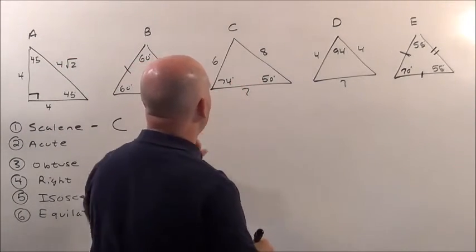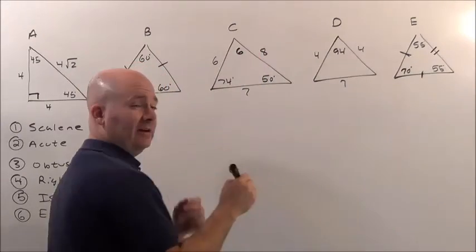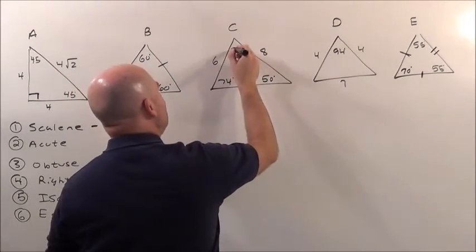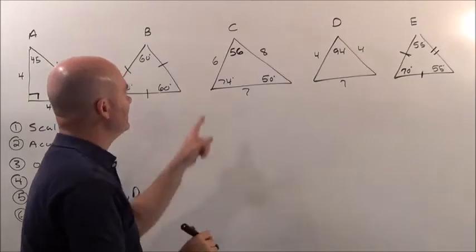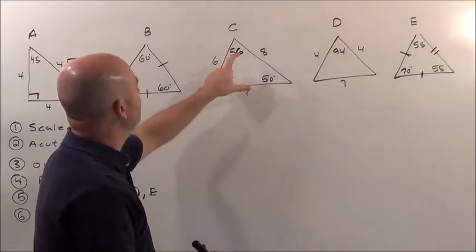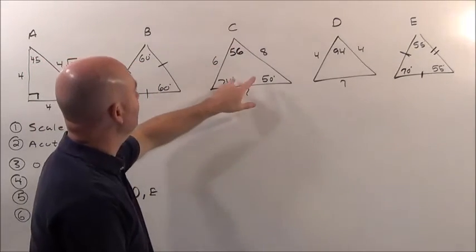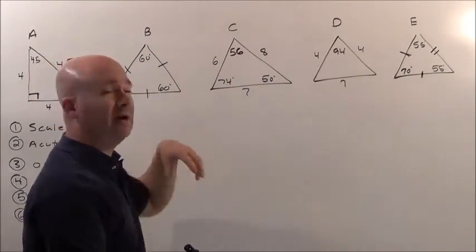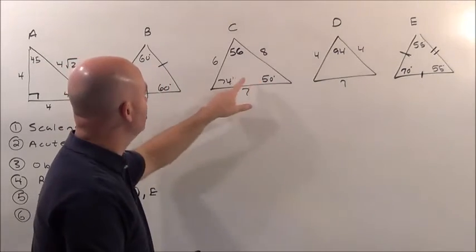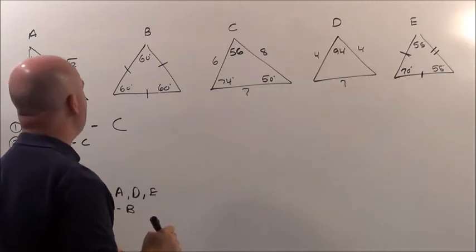Here, 50 and 74 add up to 124, and adding 6 makes 130, and then another 50, so that would be 56. None of those are exactly the same, which is why we call it a scalene. But what we're looking for is, are all the angles less than 90? Yes, they are. So C is an acute triangle.